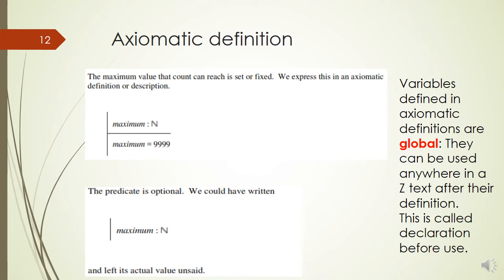This predicate basically explains that count must not exceed its maximum limit. Therefore, maximum or limit must be defined globally, and in order to declare global variables, we use axiomatic definition.